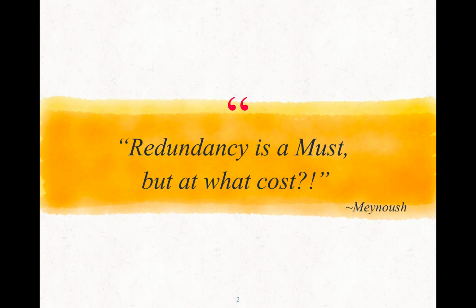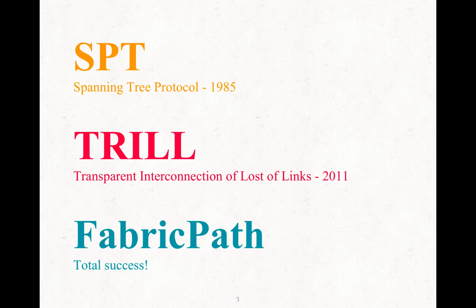When it comes to layer 2 networking switching, the most famous redundancy protocol is spanning tree protocol, which was invented by Radia Perlman, the mother of the internet, though she actually doesn't like to be called that, because she very humbly and realistically says that the internet was not invented by any individual.